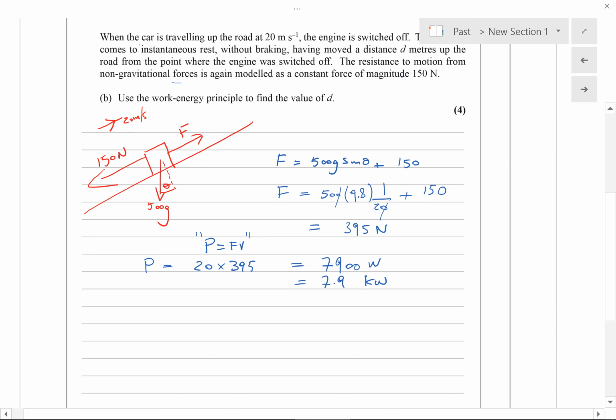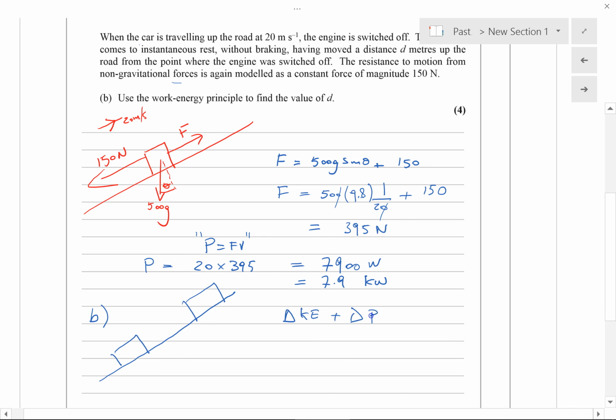Okay, right, this is a work energy problem. The way I normally like to go about this is just to use a standard little equation which expresses the work energy principle.